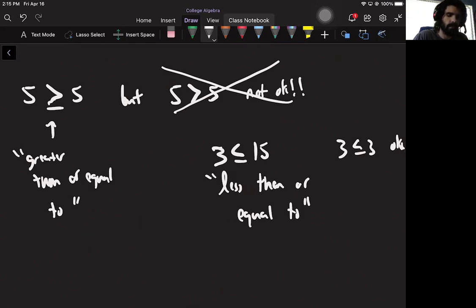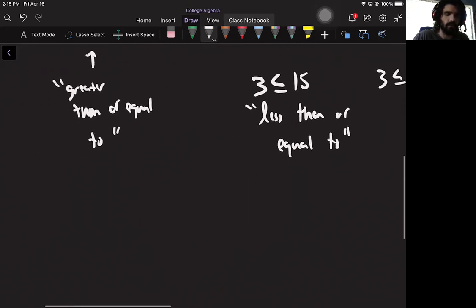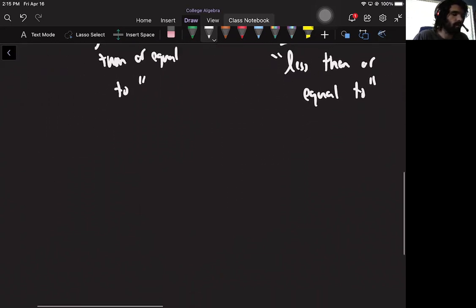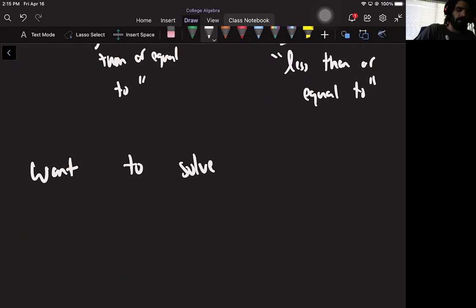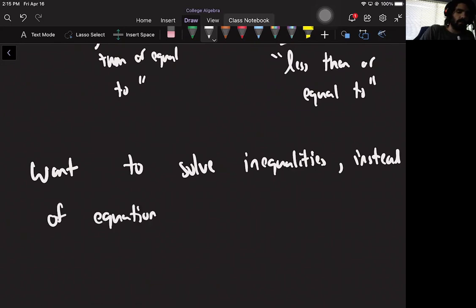But now what we want to do is bring the variable x into the game here. So what we want to do is solve inequalities. Before, you might have learned how to solve equations for values of a variable.